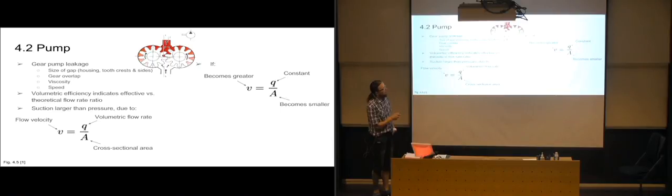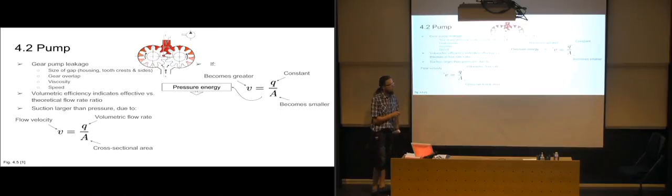We are getting a smaller area because the diameter on this side of the pump is larger than the diameter on this side. So by increasing the velocity of the fluid, we are converting pressure energy into kinetic and heat energy.